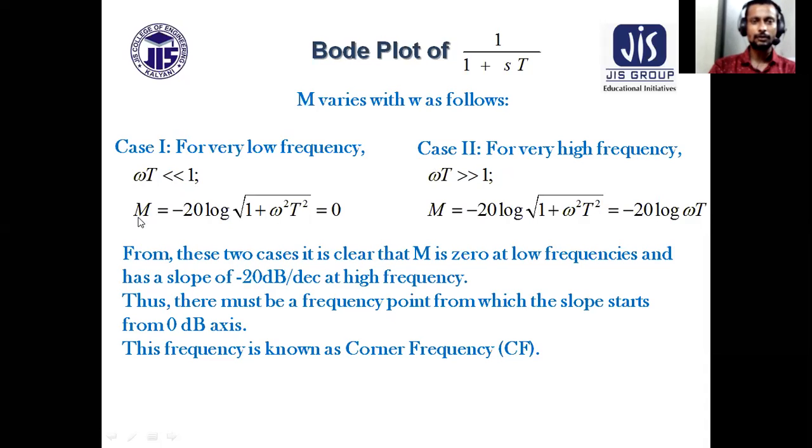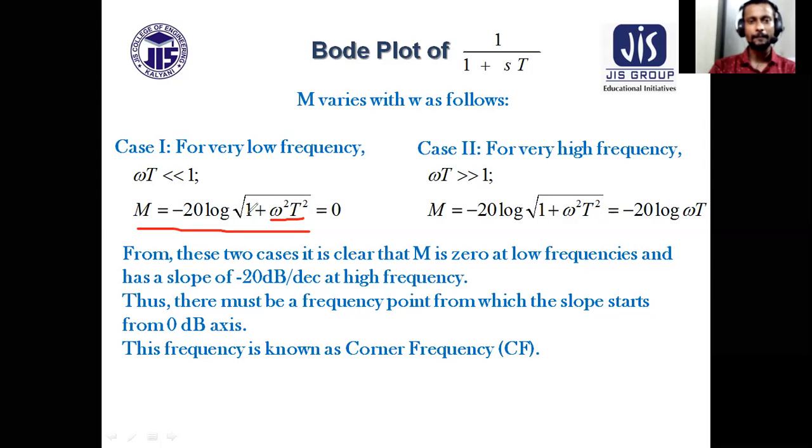So the formula for magnitude is this. Now omega T is much less than 1 for very low frequency, which implies omega squared T squared is again much lower. If omega is very small, then its square will be much smaller. So this omega squared T squared term could be neglected compared to 1.